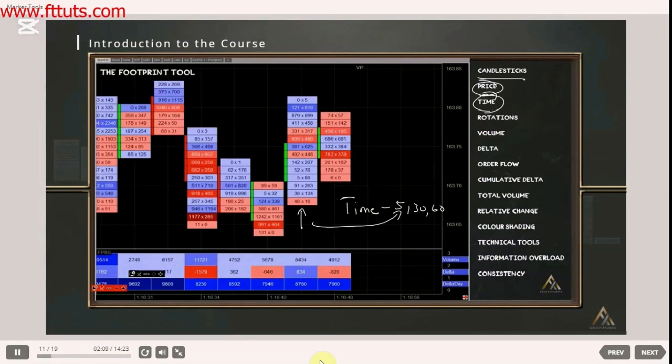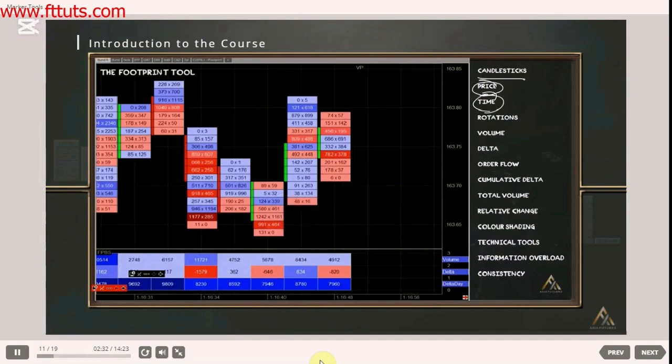Now, for those of you that are more swing type or longer term traders, you can even create the footprint utilizing daily footprints. What professional traders do look at is we do have a daily footprint so that we can determine what the net positioning is, what the net delta is at the end of each session.